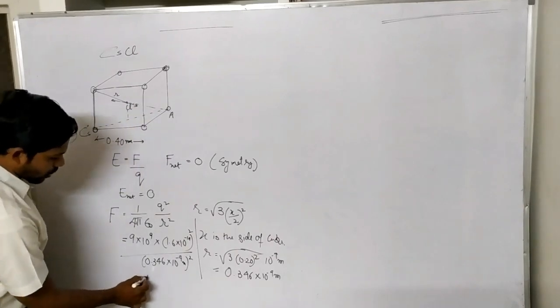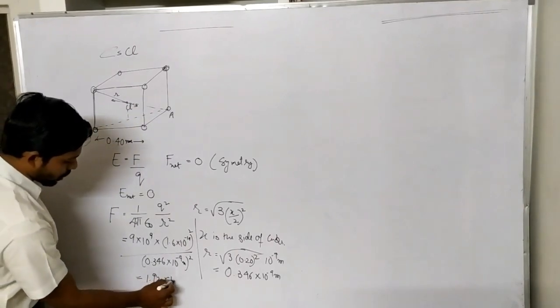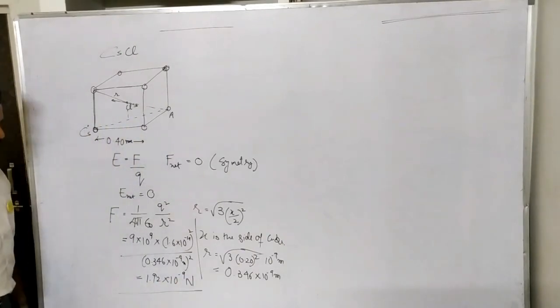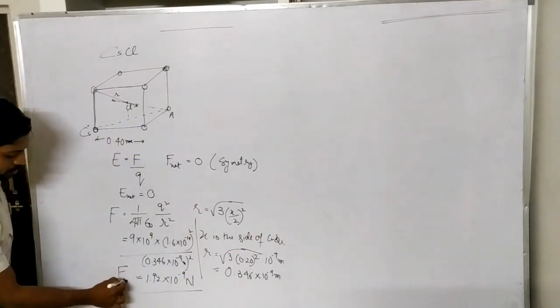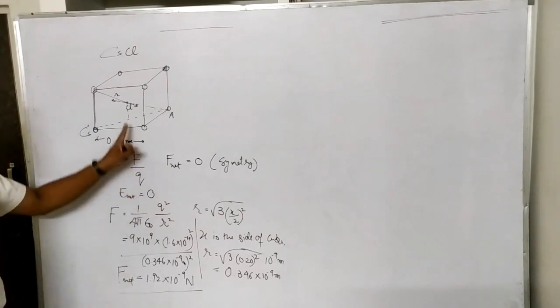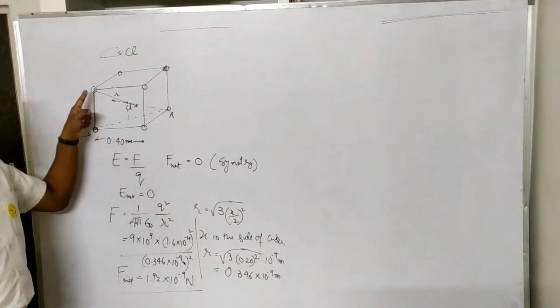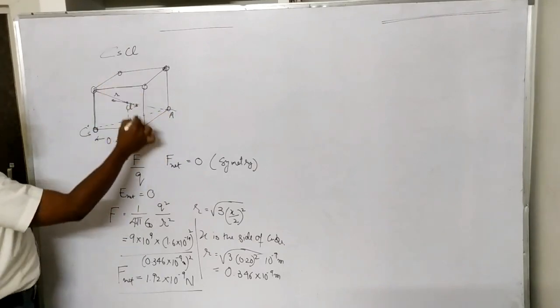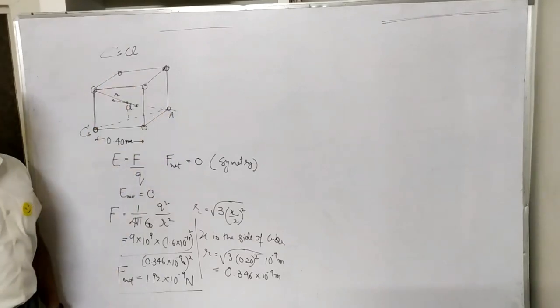So we are getting around 1.92 into 10 to the power of minus 9 Newton. So this is the net force acting on the chlorine due to this atom when this is removed. The remaining atoms which are present diagonally, their forces get cancelled out.